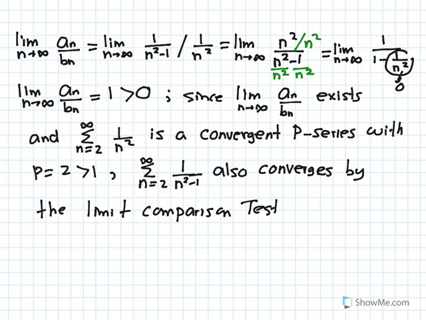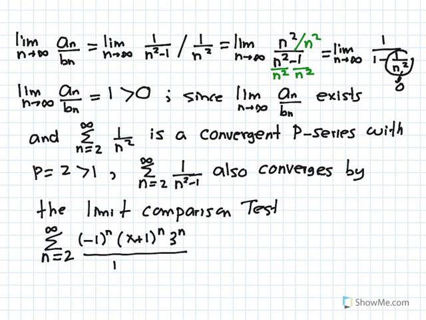That means the power series converges at the left endpoint. The power series is the summation from n equals 2 to infinity of (-1)^n times (x + 1)^n times 3^n divided by n squared minus 1.